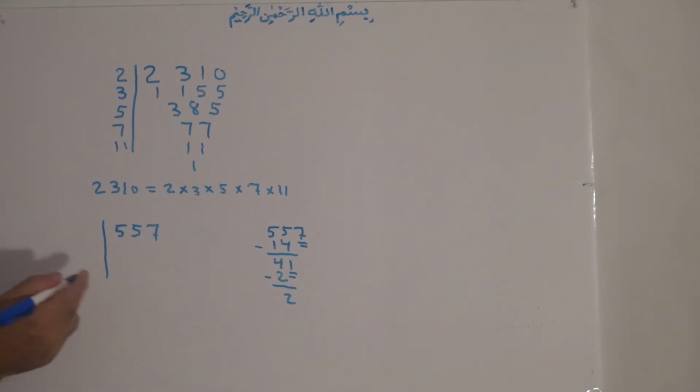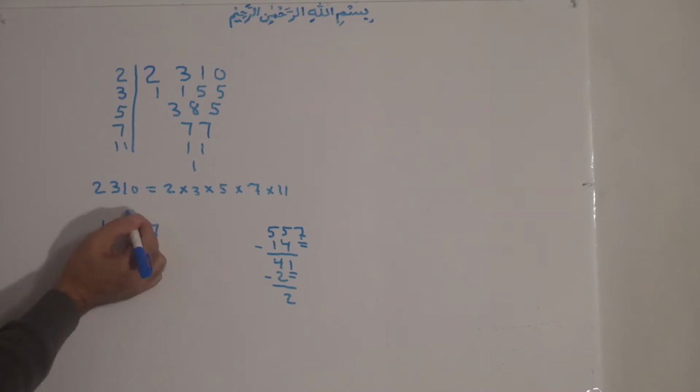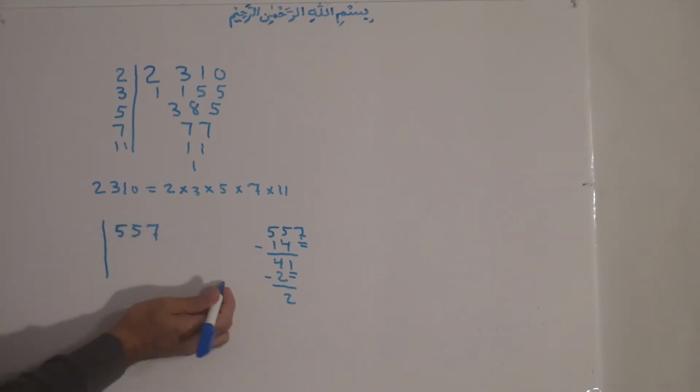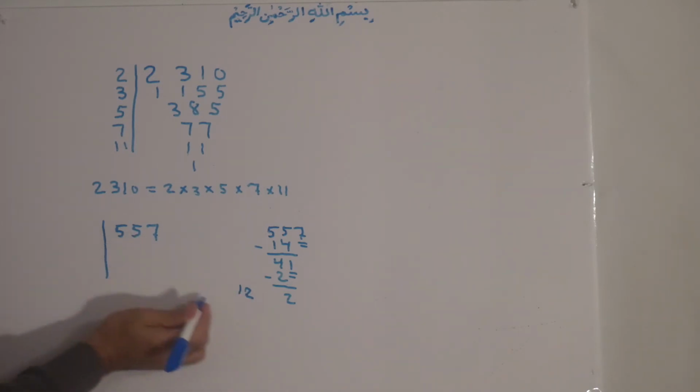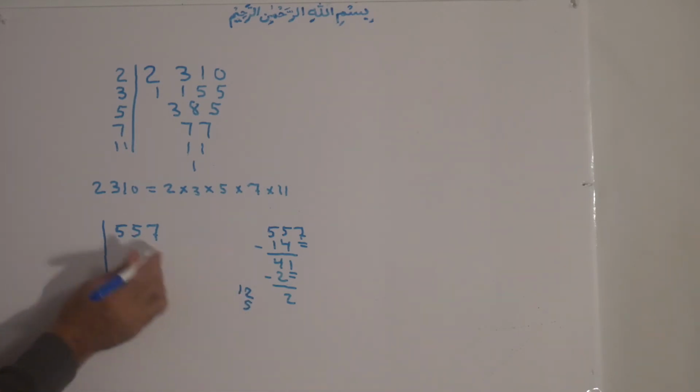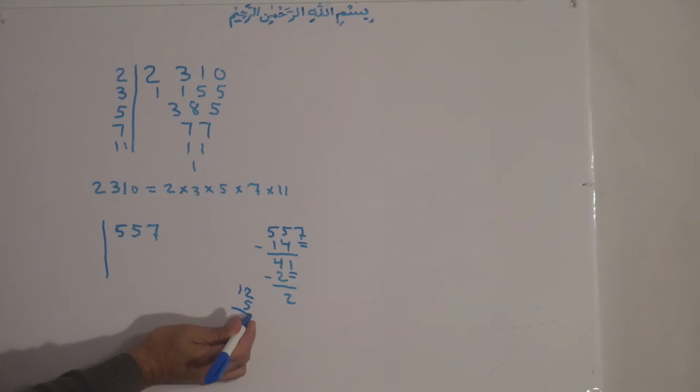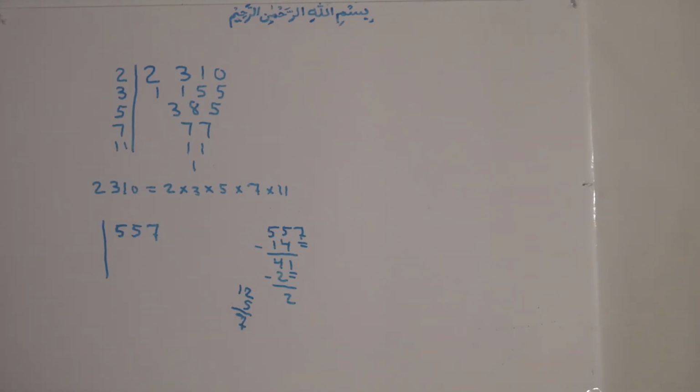How about 11? We see 5 plus 7 is 12, and 12 minus 5 is 7. So this is not divisible by 11.